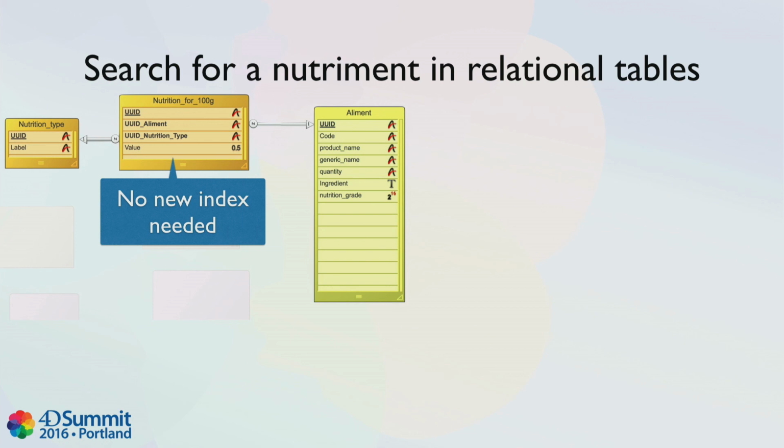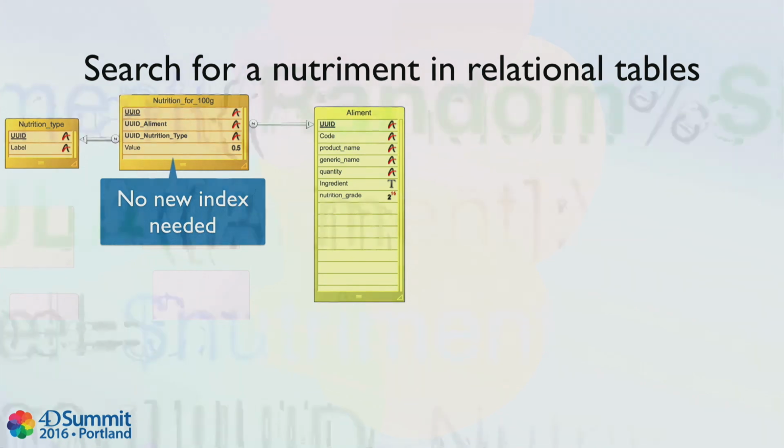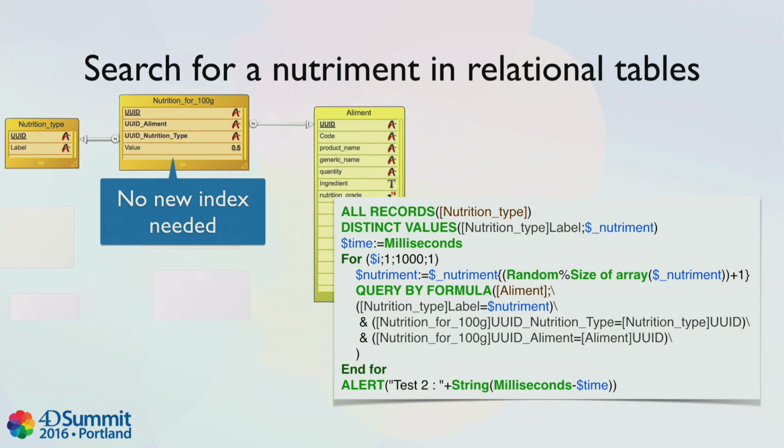Again, no new index is mandatory to perform the request. So we search a label in the nutrition type, and we propagate the result into the element table, thanks to query by formula again.